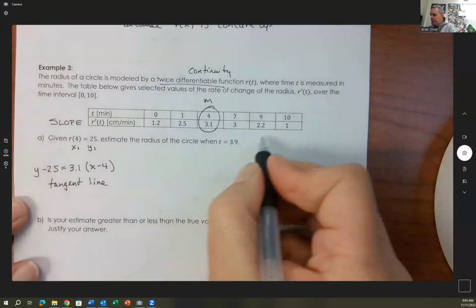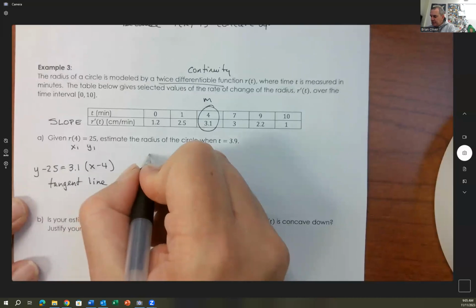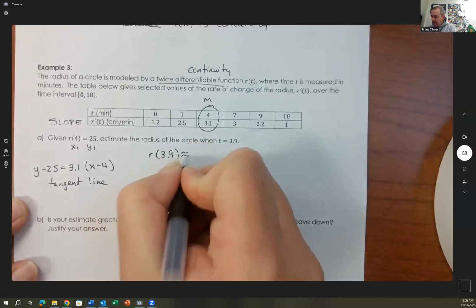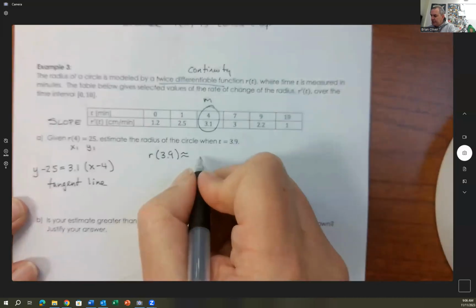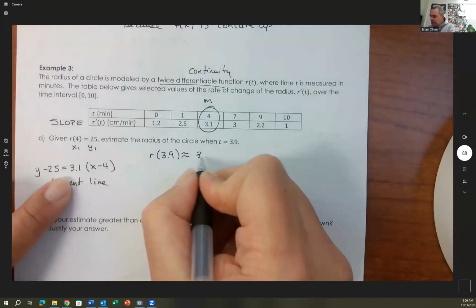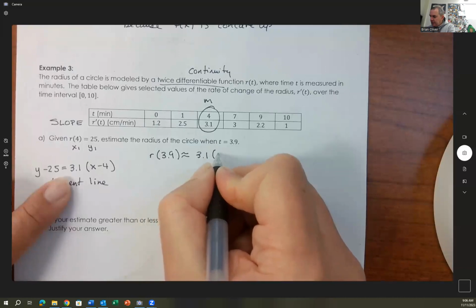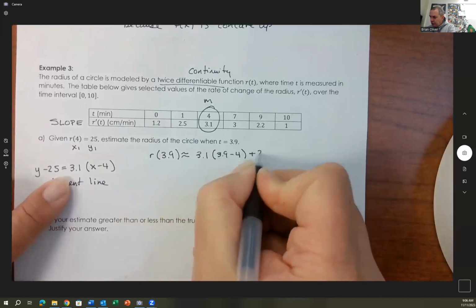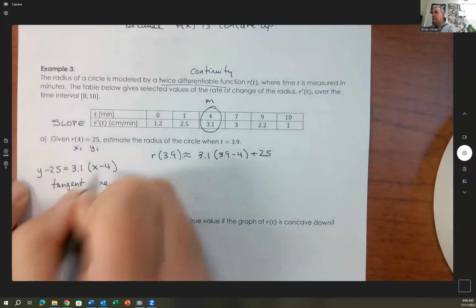I need to approximate r of 3.9. The way to do that is to use this function, 3.1 times 3.9 minus 4, plus 25, because I moved the 25 over.